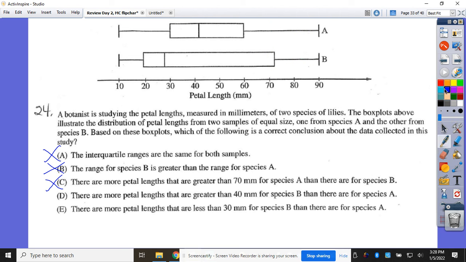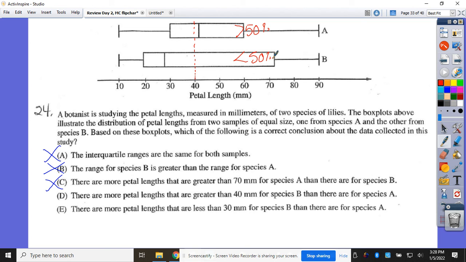Now I'm switching to 40 and above. So what percent is here for A? 50 plus. What percent is here for B? Less than 50. So this one says there are more for B than A. Is that true?